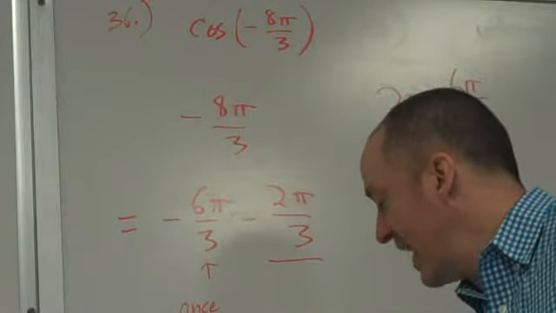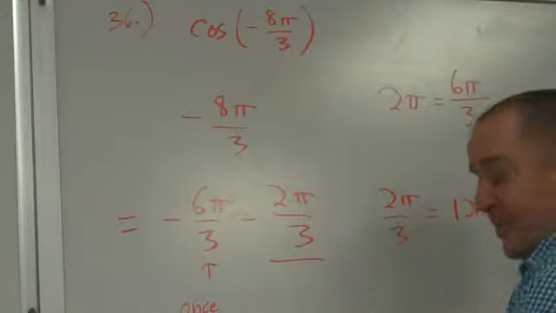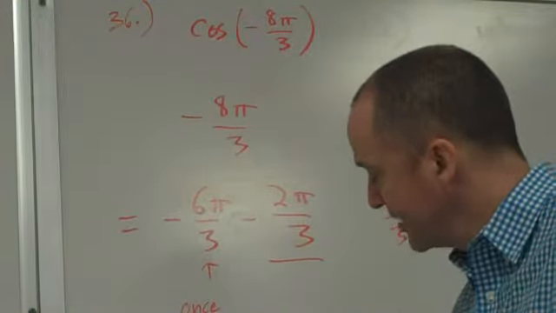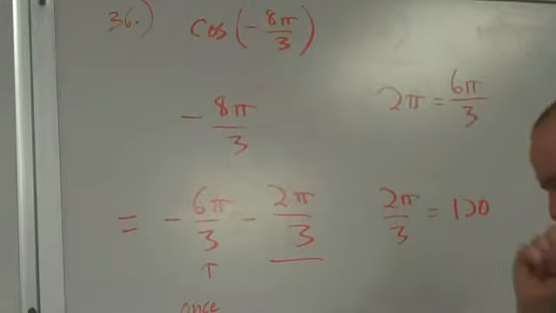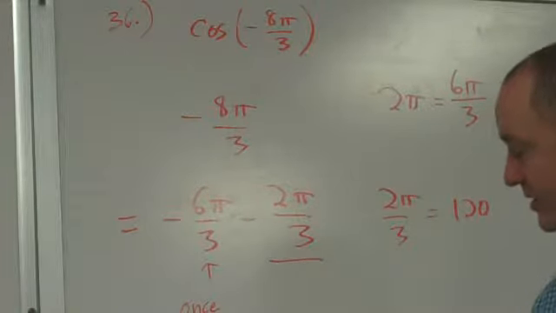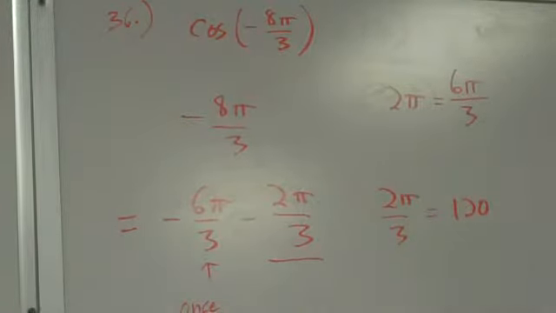So negative 8 pi over 3 is way down here, making a 60-degree reference angle down here in quadrant 3. So it says go once around, 120 degrees more, you get a 60-degree reference angle.